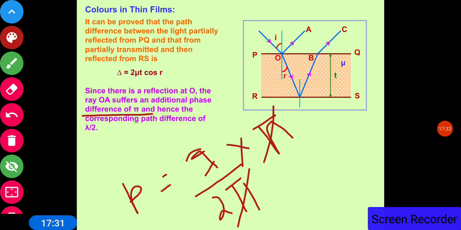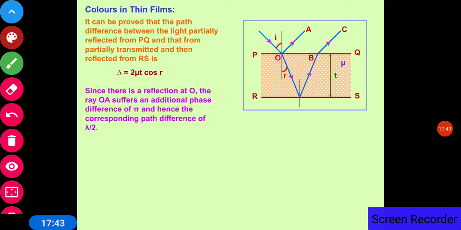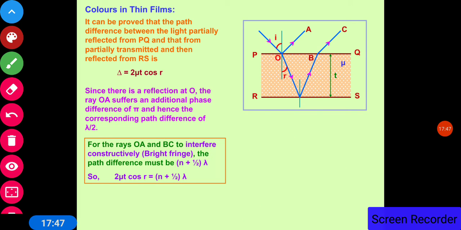So when pi and pi cancel out, the path difference is equal to lambda by 2. So when the ray is reflected at point O, OA suffers the additional path difference of lambda by 2. So the path difference for the rays OA and BC, they will interfere constructively.